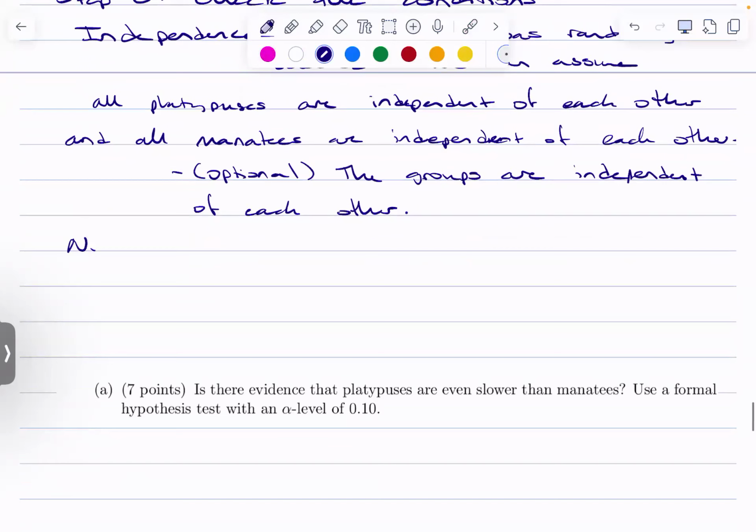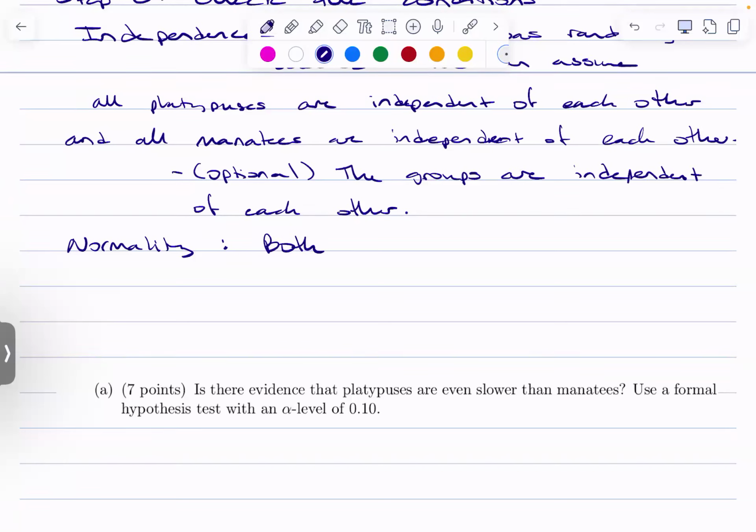And then the normality condition: both our sample sizes are larger than 30, and so we may assume normality, right? We had 200 and 156, so for both of those we can assume normality.